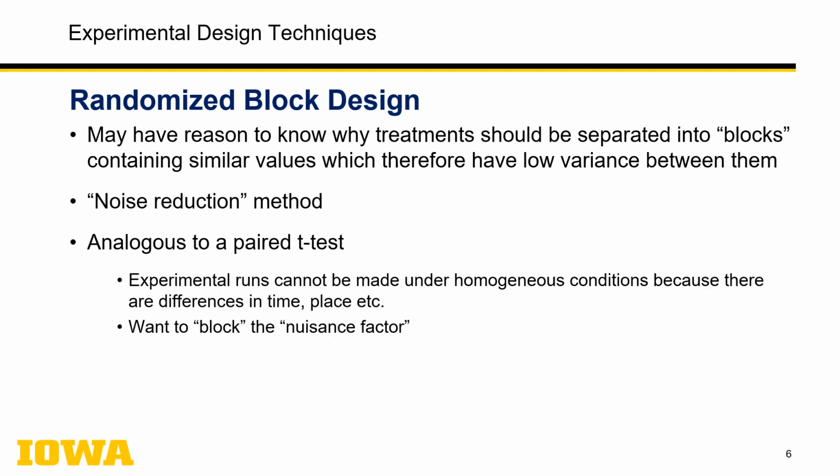But first of all, if you've seen the previous module, you'll say, oh, that's kind of what we did with a paired t-test, right? The experimental runs cannot be made under homogeneous conditions because there are differences in time, place, etc. We can't just randomly associate a bunch of workers, for example, as we just did.